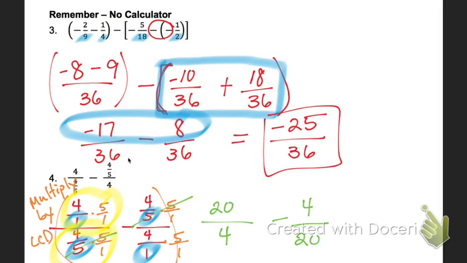Common denominator, which would be 20, which means I need to do what? 5, 4, 5. Which gets me 20 times 5 is 100 minus 4 over 20. So 96 over 20.